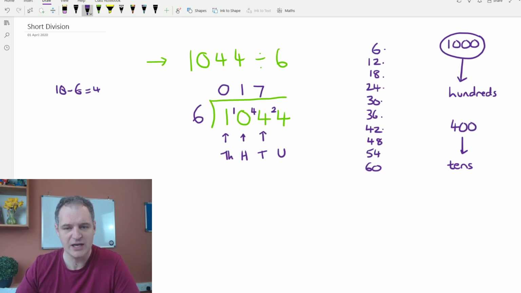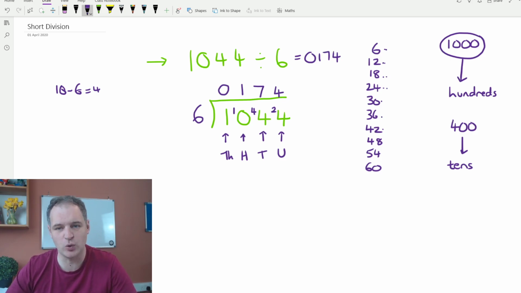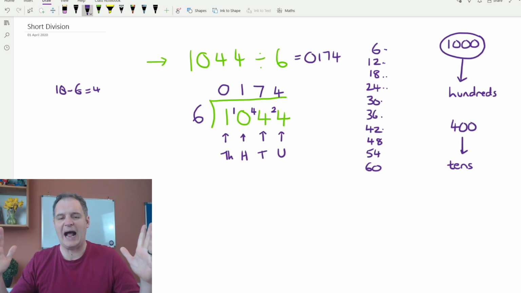And fortunately, because we're not trying to make this hard for anyone at the moment, 24 is exactly 4. 1, 2, 3, 4. So when we do the units, 24 is going to leave us 4. That tells us the answer is 0174.